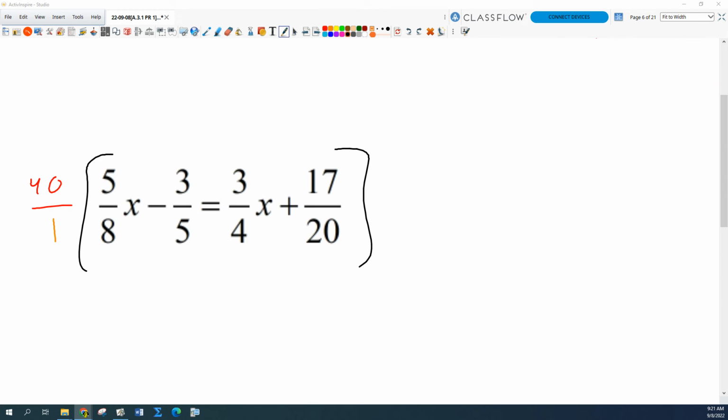So we got a trick. Think about this. Rather than distributing first and then reducing this big fraction, we handpicked this number 40 because all of the denominators divide evenly into it, right? So why not be really smart about this? Why not first reduce 40 divided by the denominator, and then after I reduce that fraction, whatever I get, multiply it by the top?